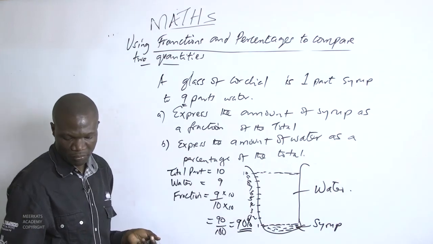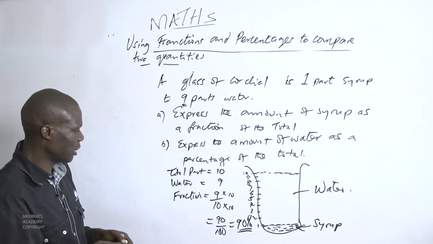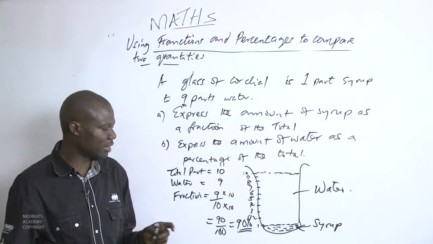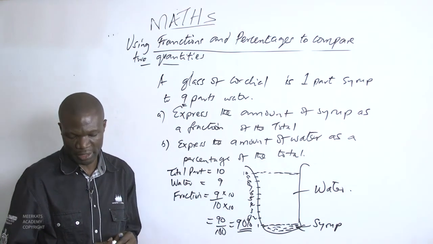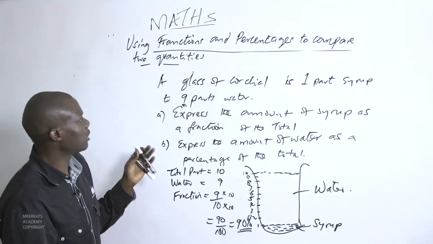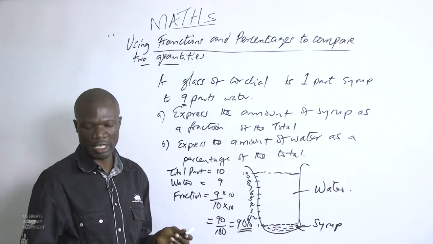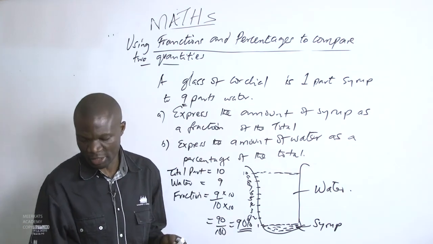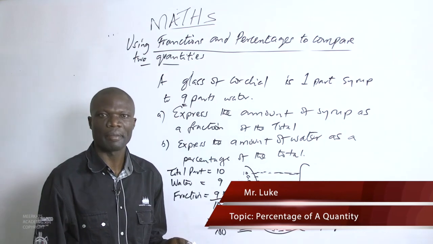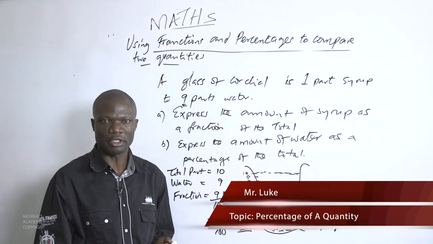So we can comfortably say that water in this mixture takes 90%. So that is it for our lesson today. In our next class, we are going into a historical point and look at Egyptian fractions. Thank you.